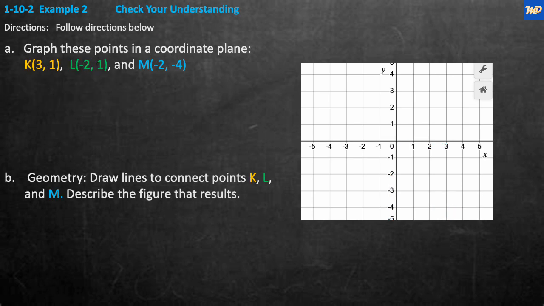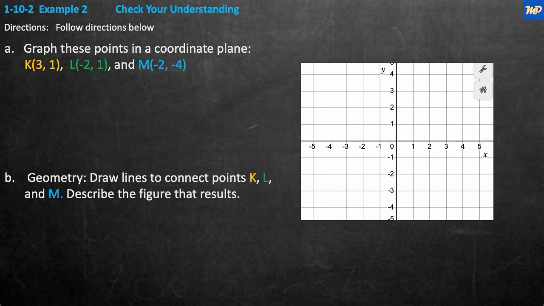Now in example 2, check our understanding. Follow the directions below. It says graph these points in a coordinate plane. So let's do K. The position is x 3 and y 1, both positive. So K is going to go in the positive x direction 3.